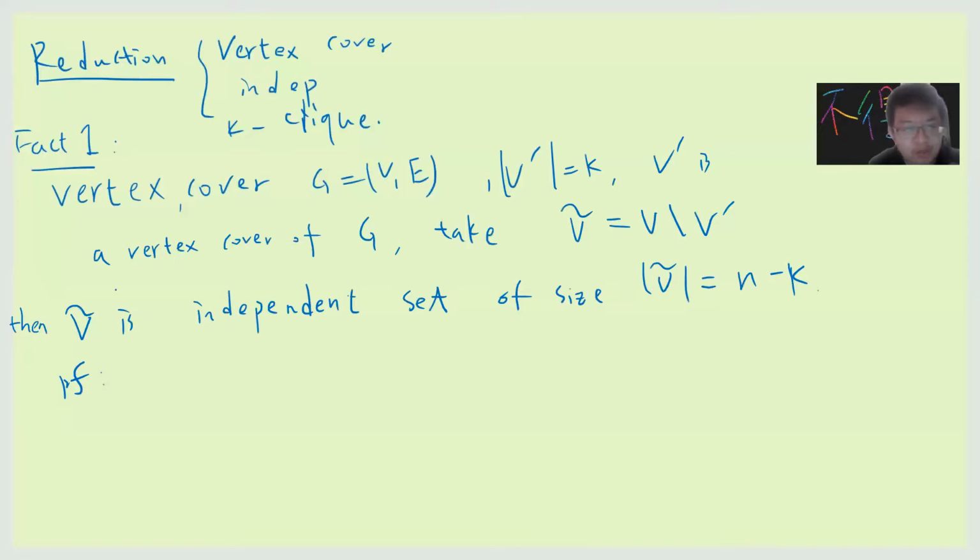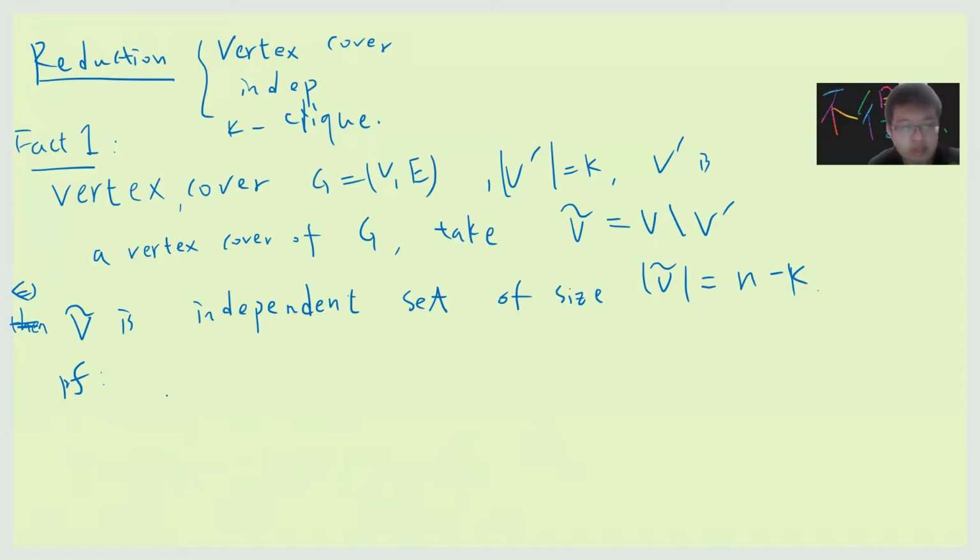Okay, the proof is just logic, so let me just write it down. This is actually not 'then', this is 'if and only if'. V prime is a vertex cover if and only if the complement V tilde is an independent set of size n minus k. The proof is very simple.